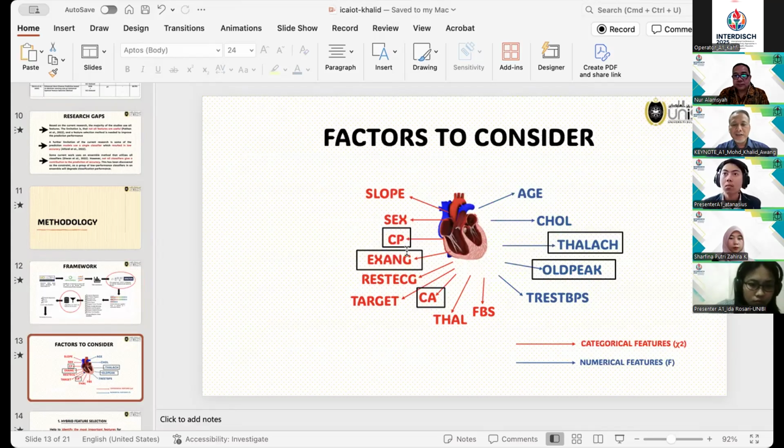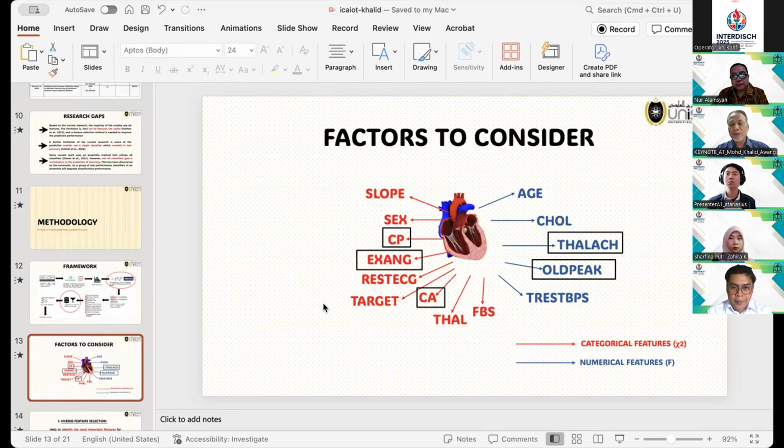And then these are the factors that we use from the dataset, okay, like slope, sex, CP, all these are the factors that are considered as contributing factors to heart disease.